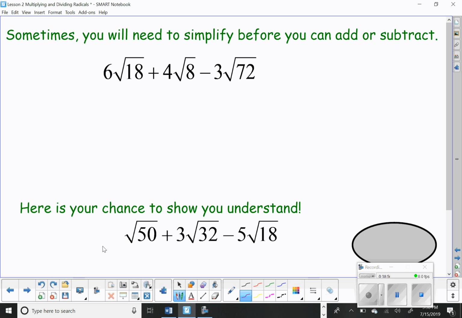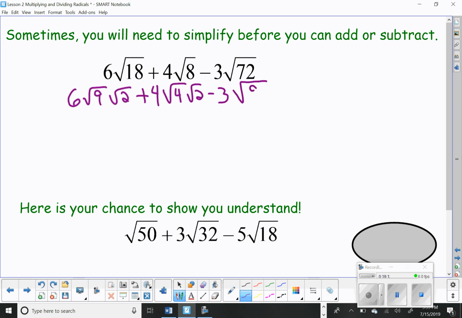But if I do it in simplest radical form, 6 square root of 9 square root of 2, I just broke 18 apart. If I break 8 apart, I have square root of 4 square root of 2 minus 3, and then 72 I break into, and this is one you might break into a couple of them.